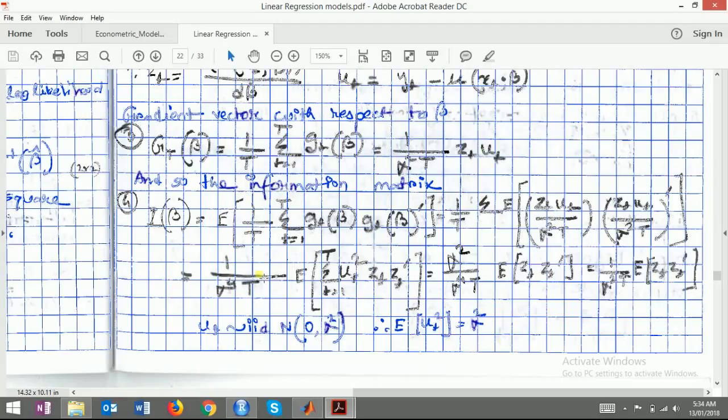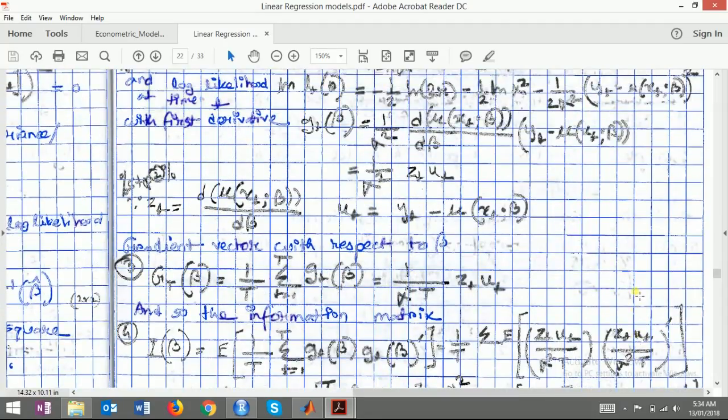So this is the information matrix. 1 by sigma square t is zt transpose, and what was zt? Very quickly, it comes from the first derivative of the log likelihood function. In the first derivative of the log likelihood function, we have 3 elements. 1 by sigma square is the first element that we mentioned.